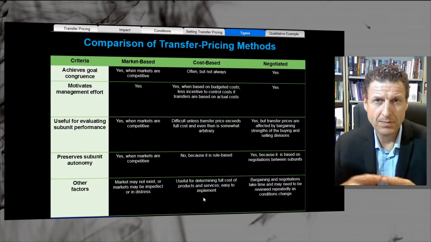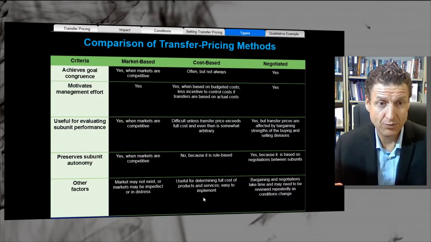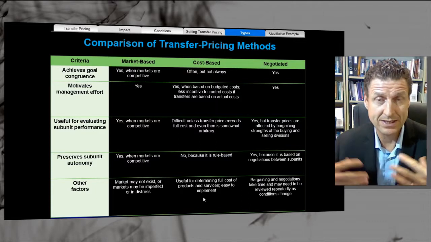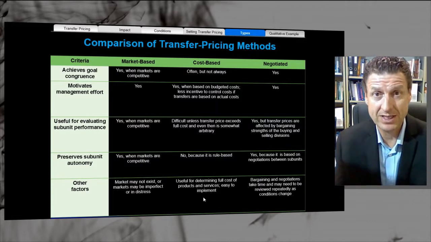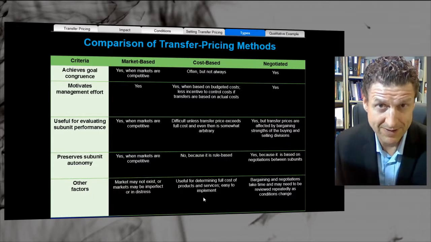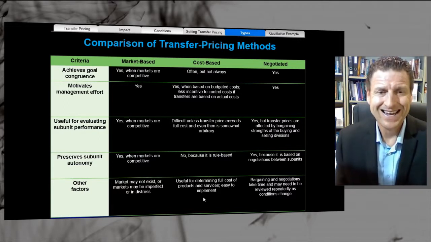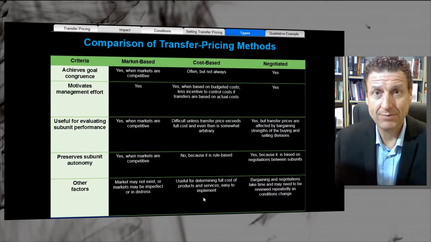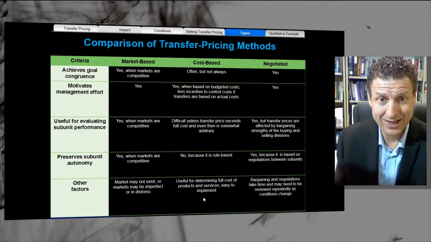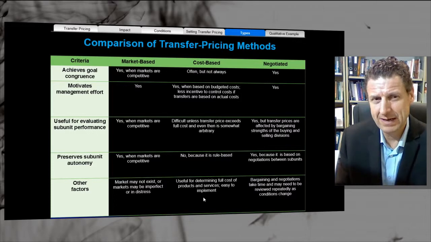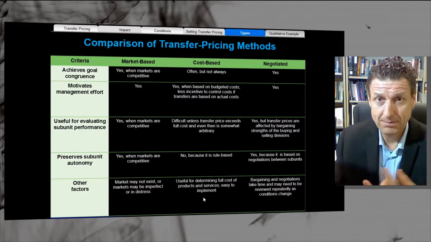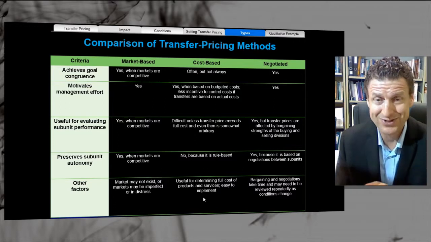Now we've got 4, but we're really breaking apart the second one, that is evaluating subunit performance. We're breaking it up into motivating managerial effort. Okay, the reason why you evaluate someone is partly for motivation purposes. All right, and we want to evaluate performance. It's one of those legs of the 3-legged stool. So we've got 4 different objectives here: goal congruence, motivating effort, evaluating performance, preserving subunit autonomy.